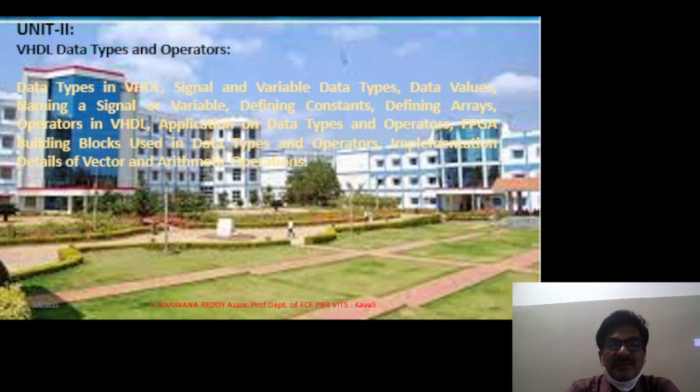Now coming to another unit, that is VHDL data types and operators as a heading. In this we can cover the basic elements of the language mainly. What are the basic elements here?